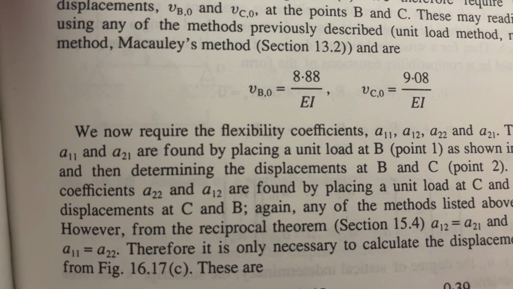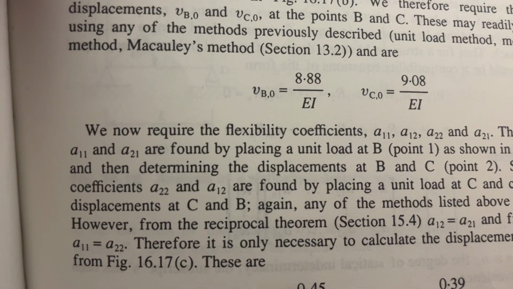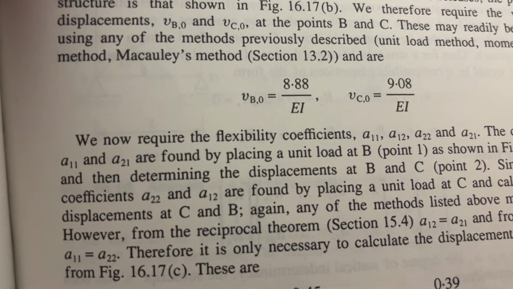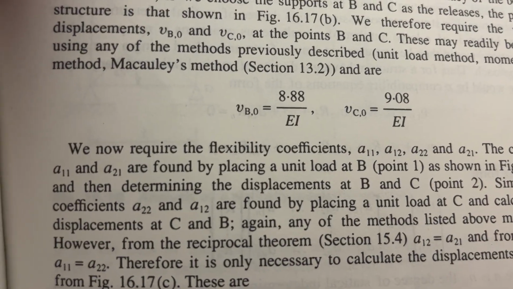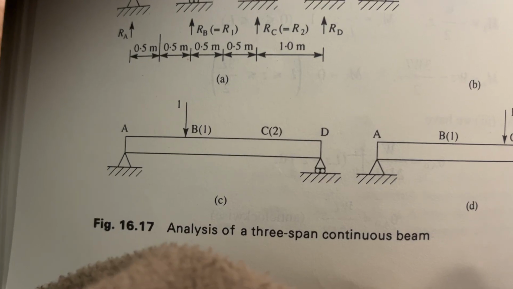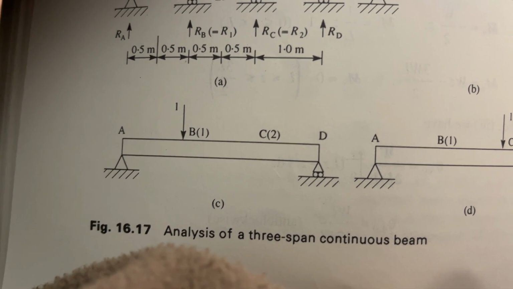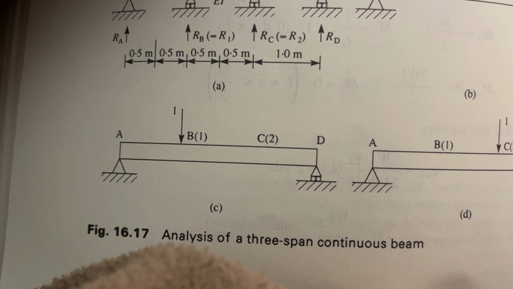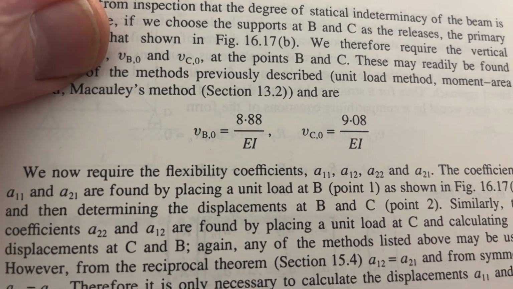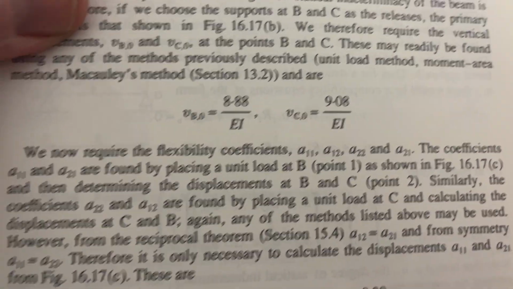I think he's using the unit load method. VB0 equals 8.88 divided by EI. That's the deflection when you apply that 1 downwards. VB0 is 8.88 and VC0 is 9.8 over EI.